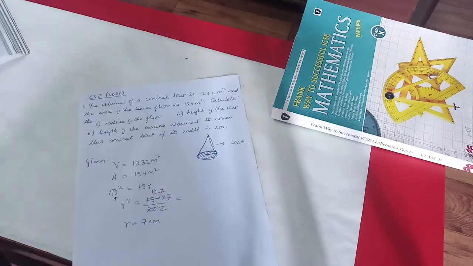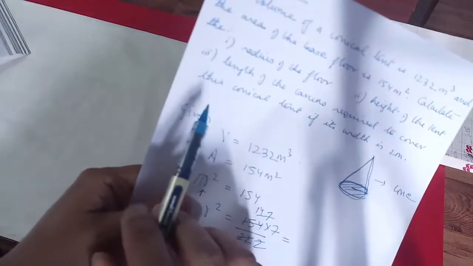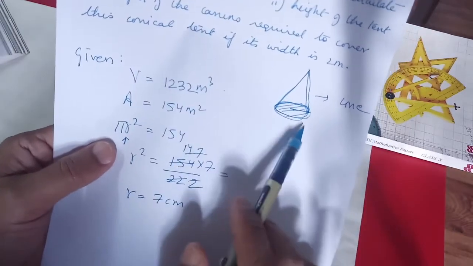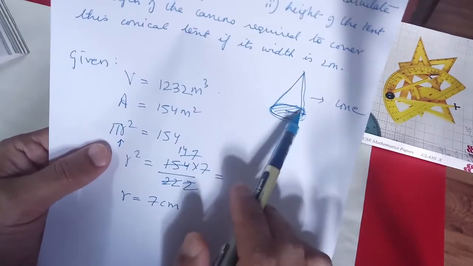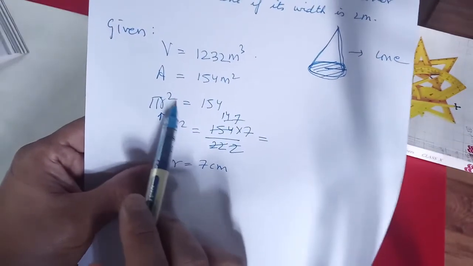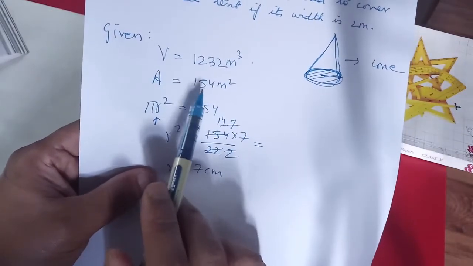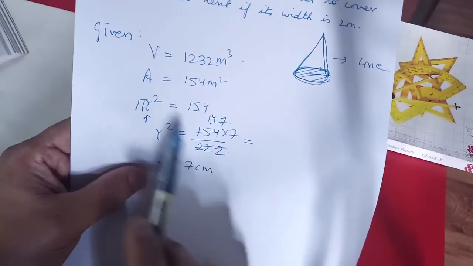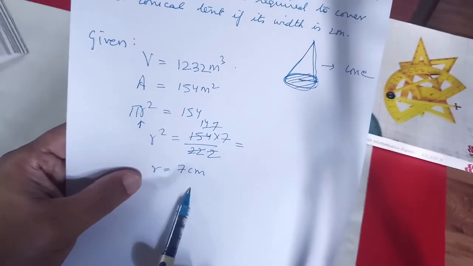So we have found the radius of the floor. The floor, the base, is a circle, the area of a circle is pi r square, and the value is given as 154. So you just have to cross multiply and find the value of the radius.